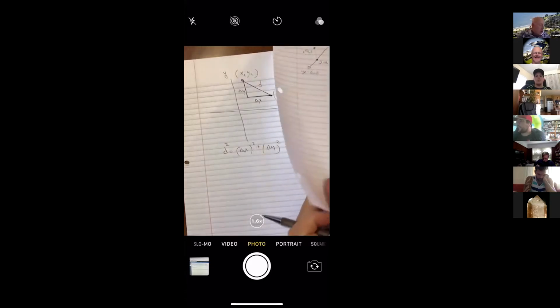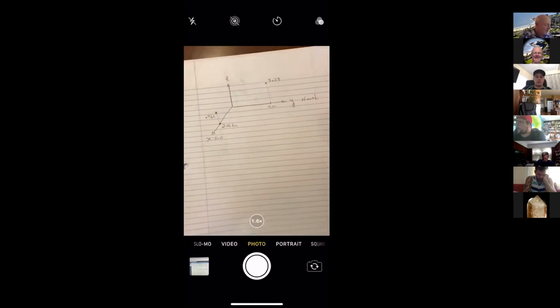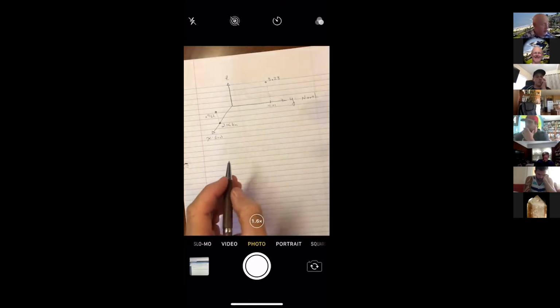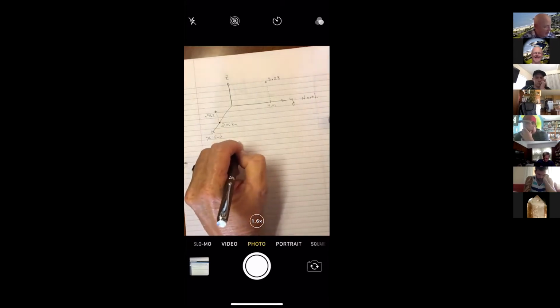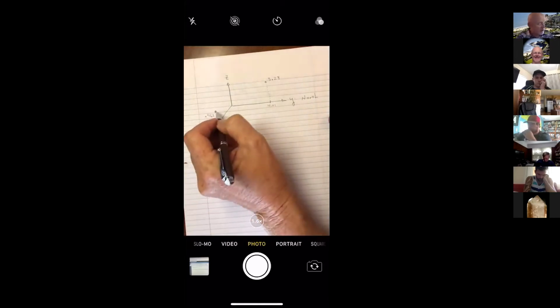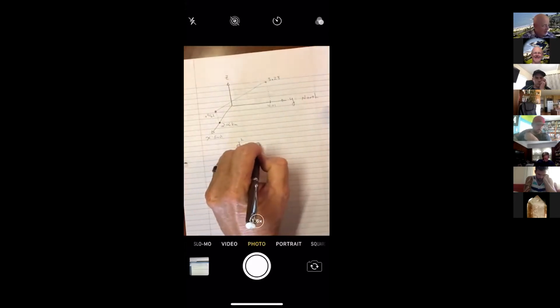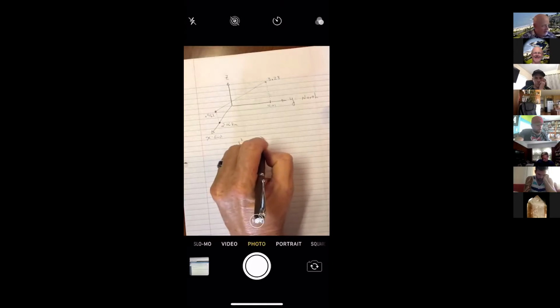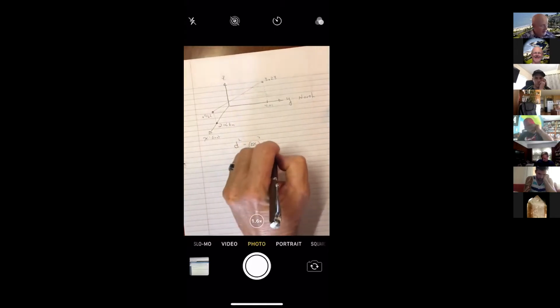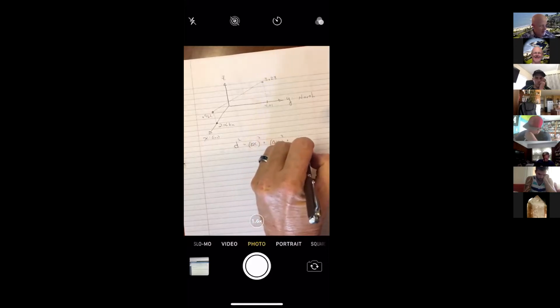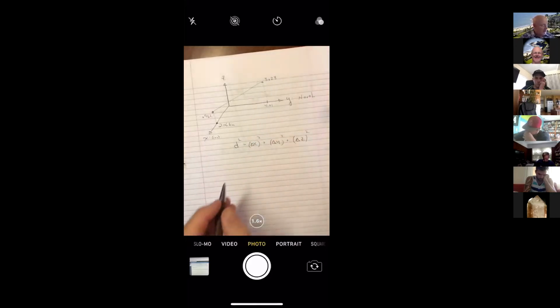All right, so back here, the same thing is also true in 3 dimensions. Distance between 2 points squared. If I just drew a connecting line, it would be equal to how far apart they are on the x-axis squared, how far apart they are on the y-axis squared, and how far apart they are on the z-axis squared.